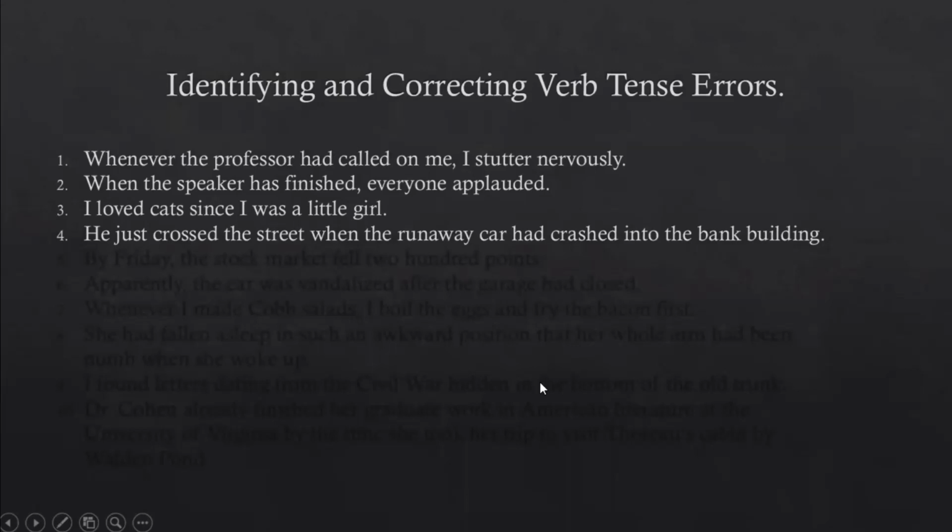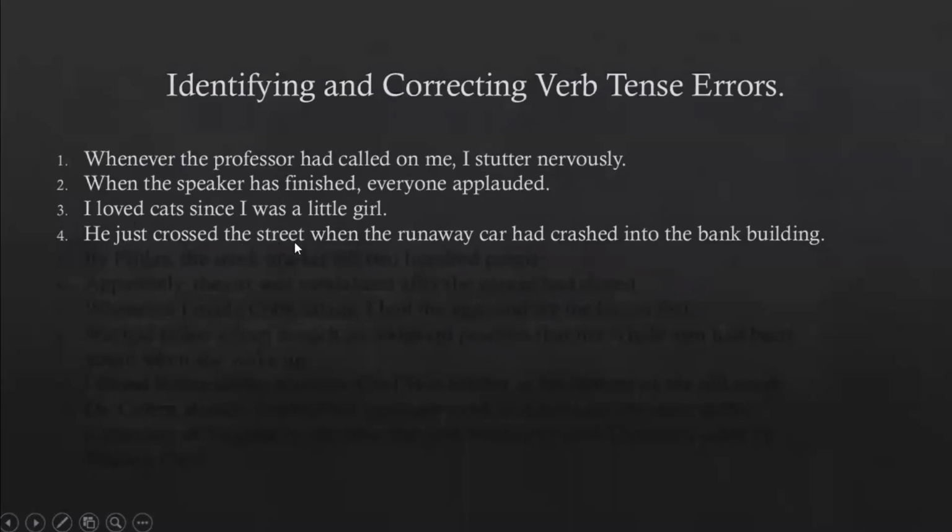And here's the thing about past perfect. Past perfect you use when you're describing two events, usually, and you need to indicate that one of them happened before the other one. And the past perfect is the one that happened first, right? So you have to look at this sentence and ask yourself, what happened first?